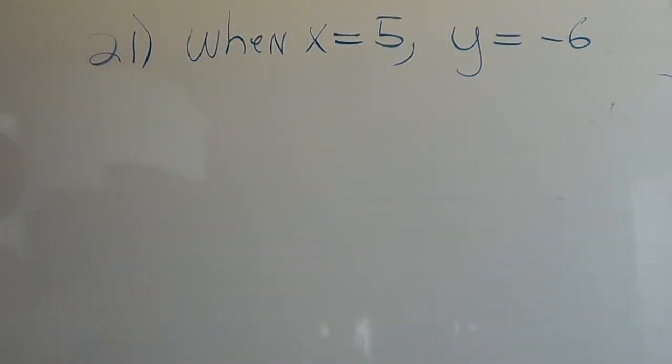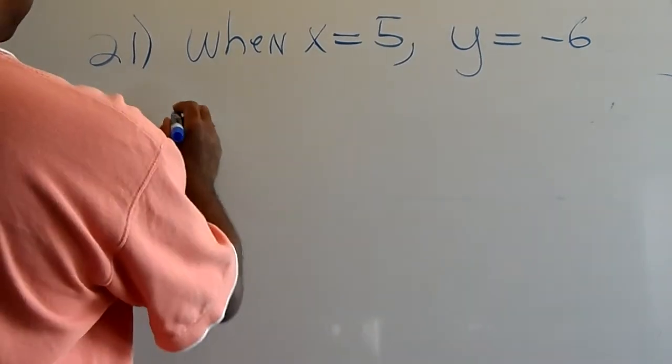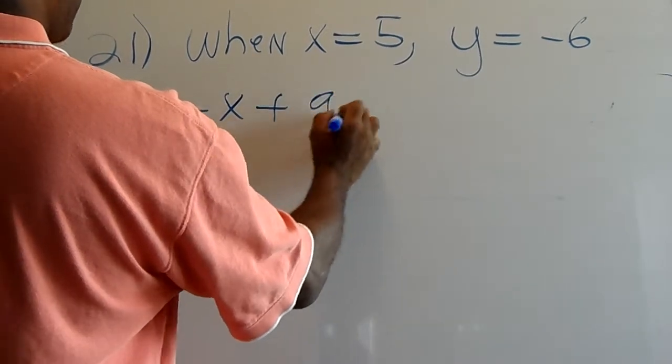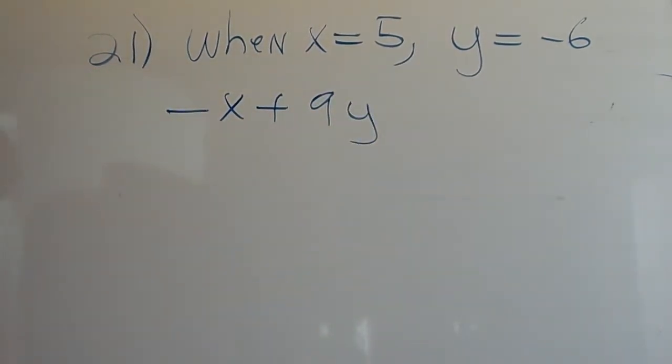So this is going to give us, remember what we do here, and what's the expression? We have to have an expression. We need to figure out what this is going to be. In other words, what is negative x plus 9y? So that says when I put the number in for x and I put that number in for y and work it out, what do I get?